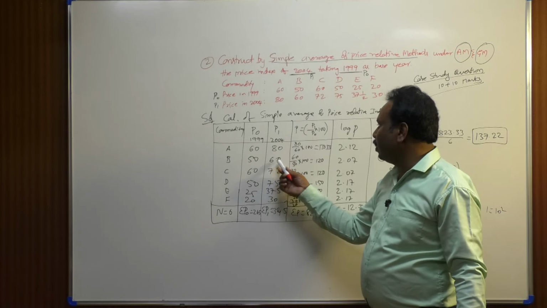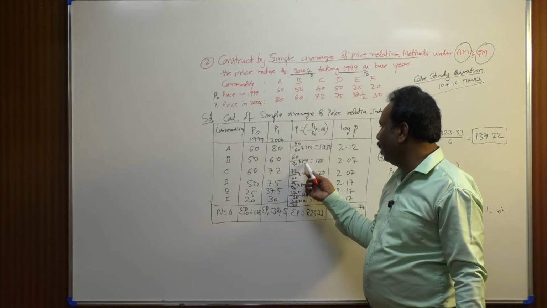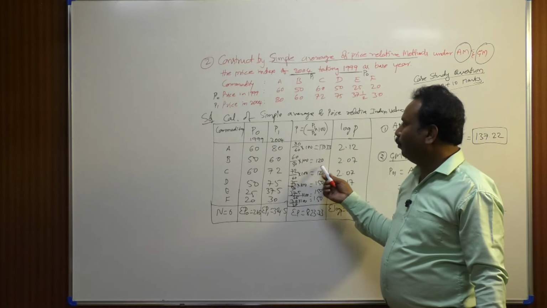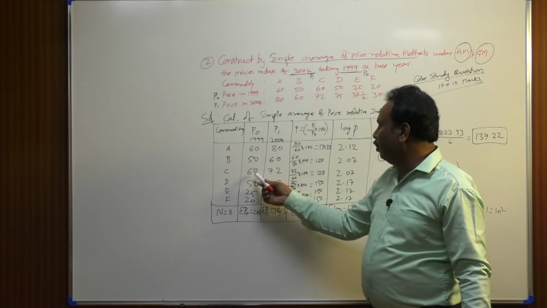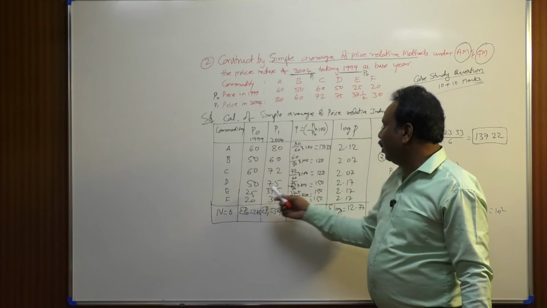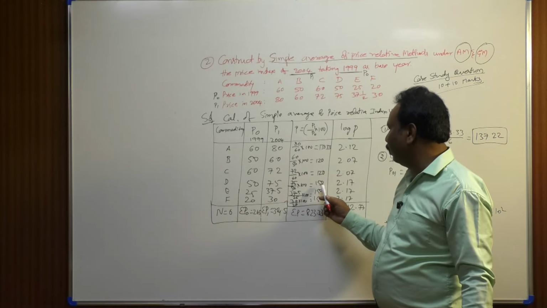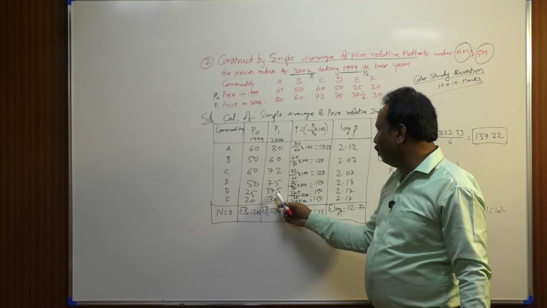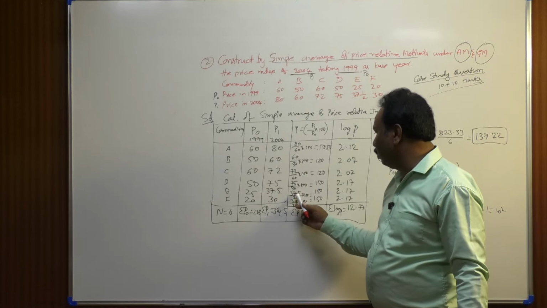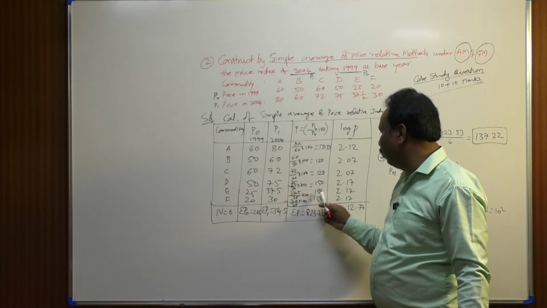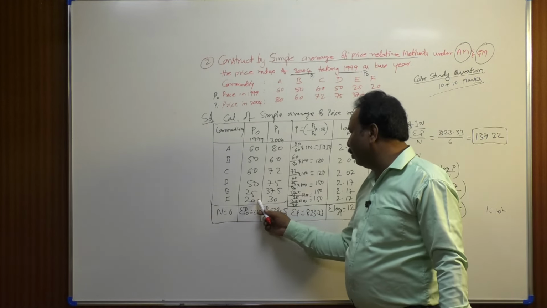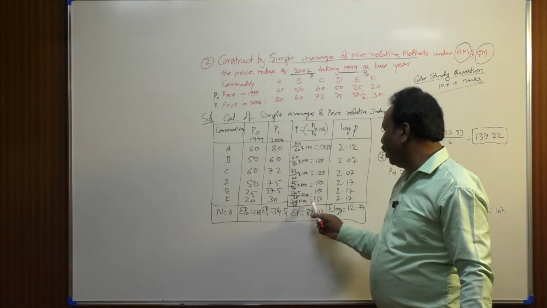Like that, commodity B, 60 divided by 50 into 100 equals 120. Commodity C, 72 divided by 60 into 100, 120. Commodity D, 75 divided by 50 into 100, 150. Then 37.5 divided by 25 into 100, 150. Then 30 divided by 20 into 100, 150.